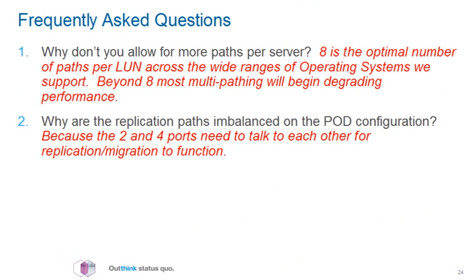That means that with the pod configuration you end up with an imbalance on the replication ports because there are only 3 modules or grid controllers in the configuration. So the Fabric B is going to end up a little light. There's no way around that because there's only 3 controllers. So one of the fabrics is going to end up with a lesser number of ports. In the grand scheme of things, that really should not impact your performance very much.